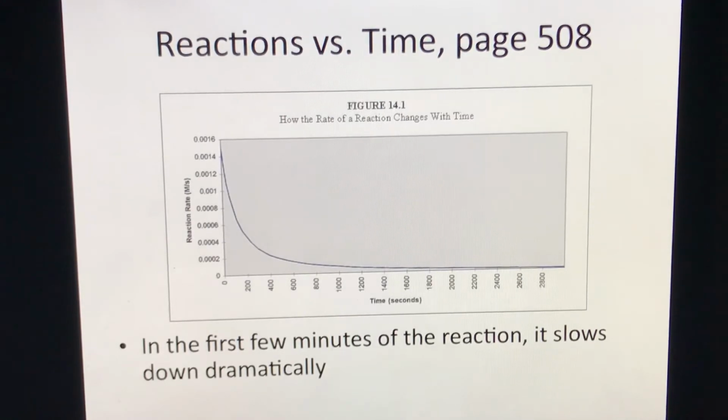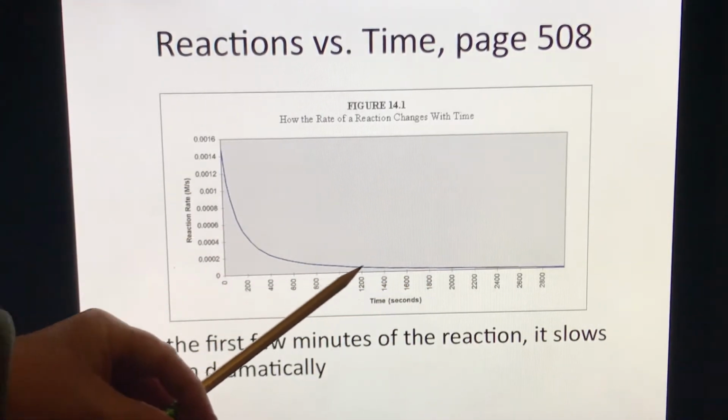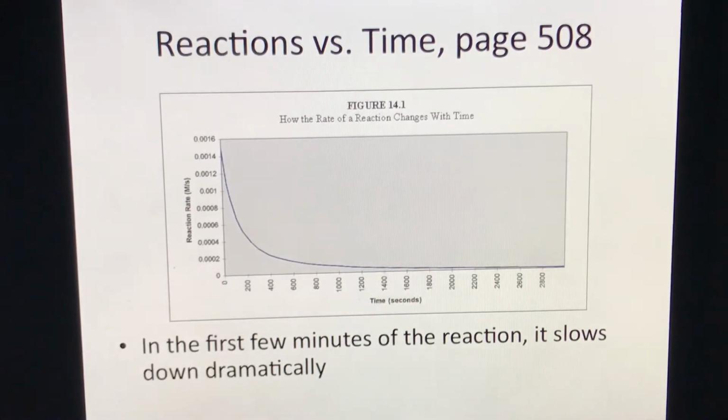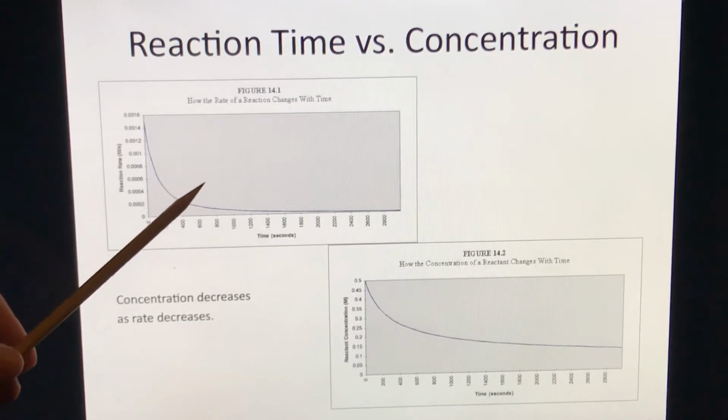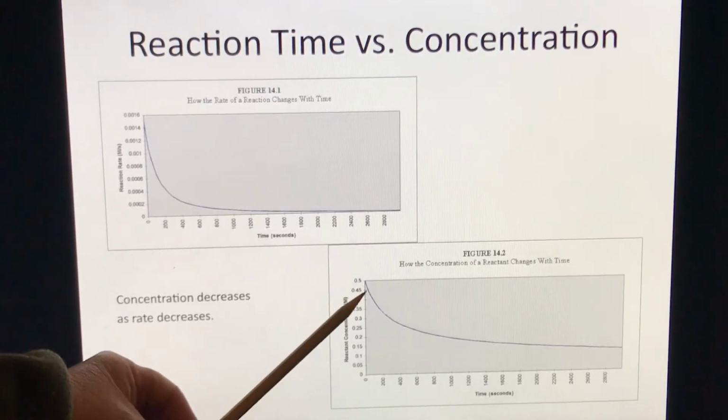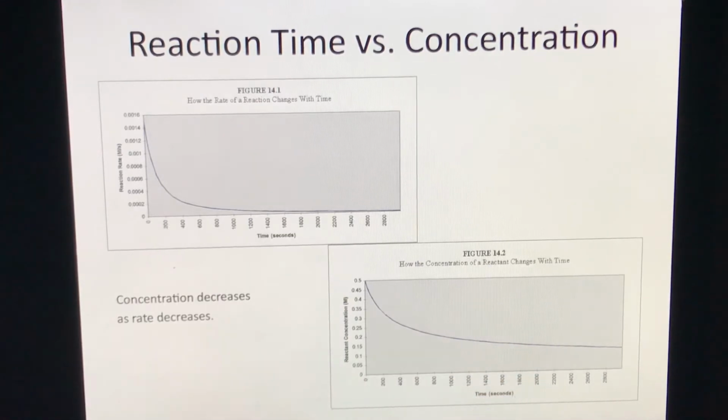So you can look at figure 14.1 on page 105. You can see here the first few minutes of a reaction, it slows down dramatically. And that is because of the effect that we were just talking about, how the concentration of the reactants is being reduced, and therefore the rate of the reaction is impacted.